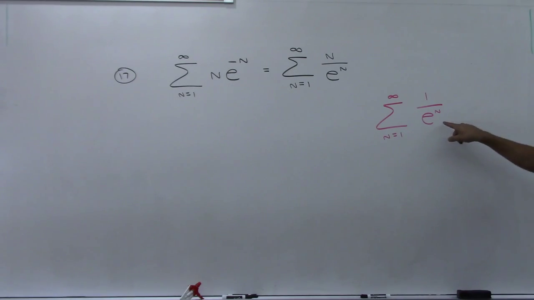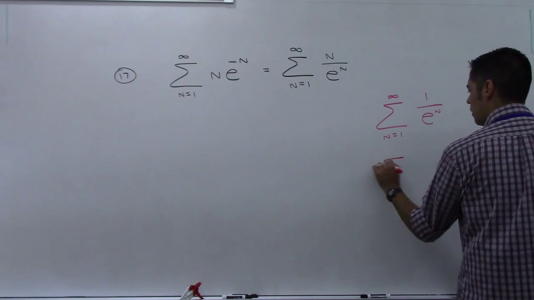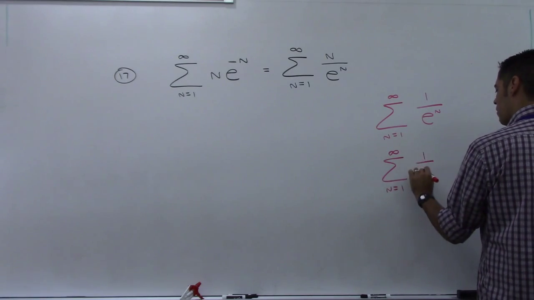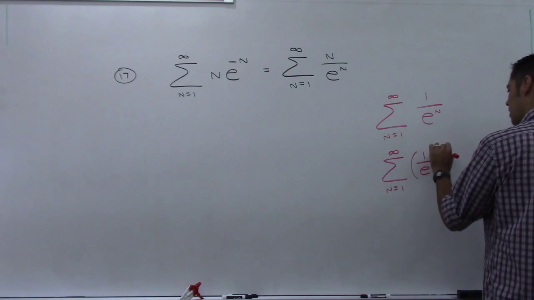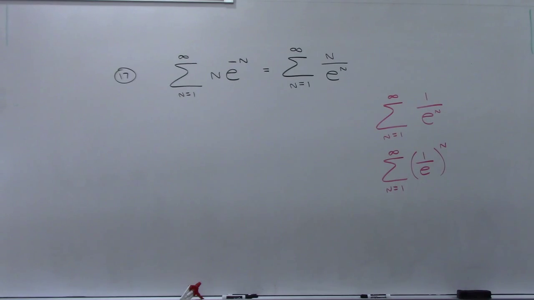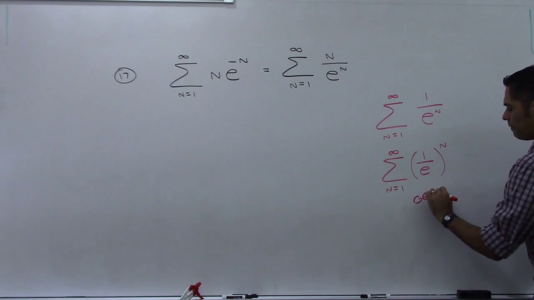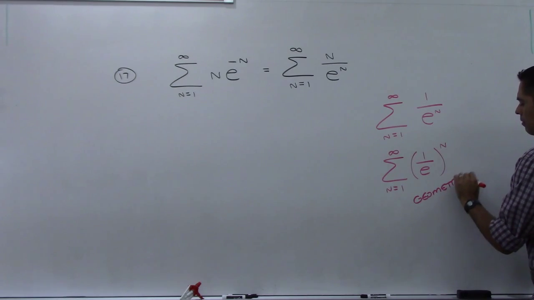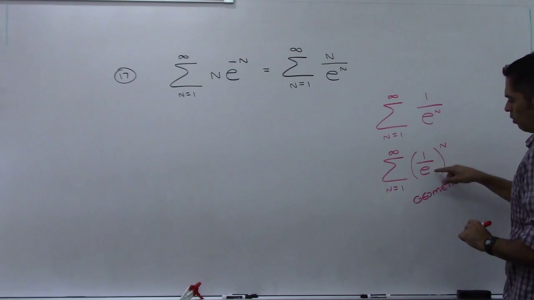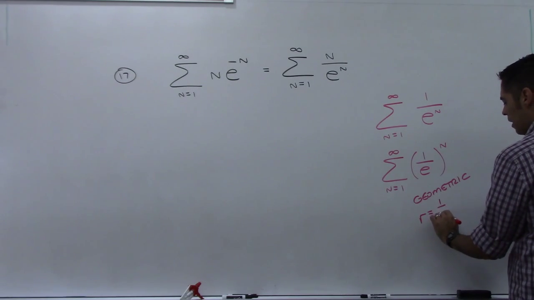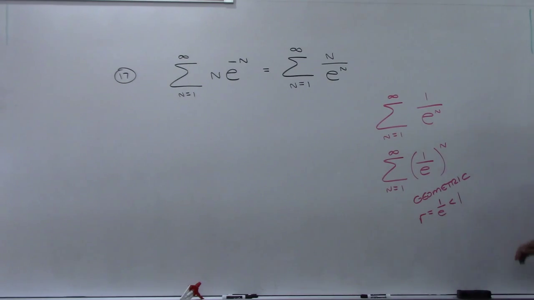But then you'd have to figure out what this one does. And if you look at this, this is actually 1 over e to the n, like that. And this is a geometric series with base 1 over e, with r being 1 over e, which is less than 1.